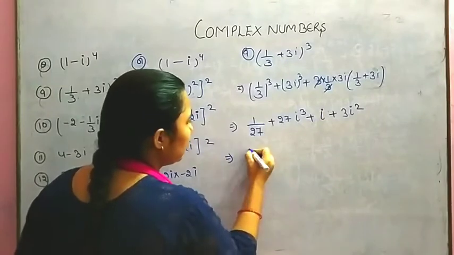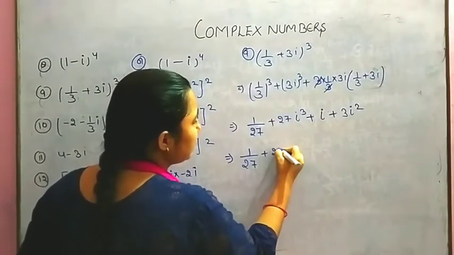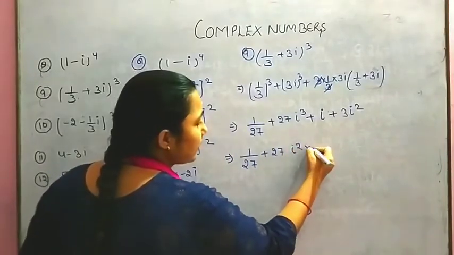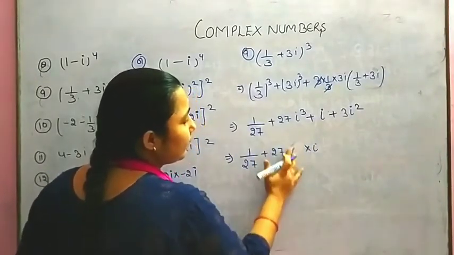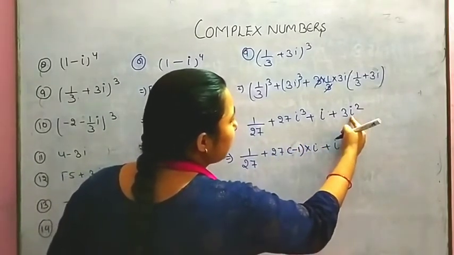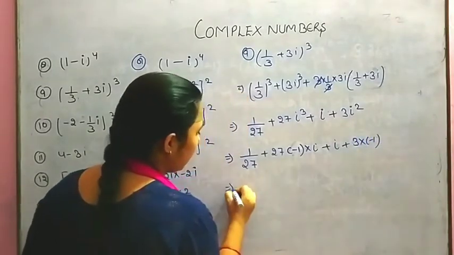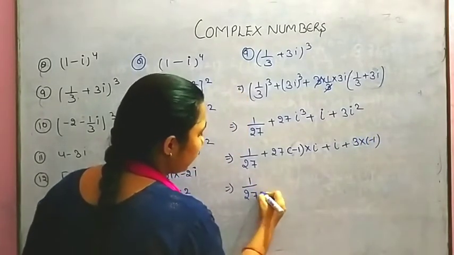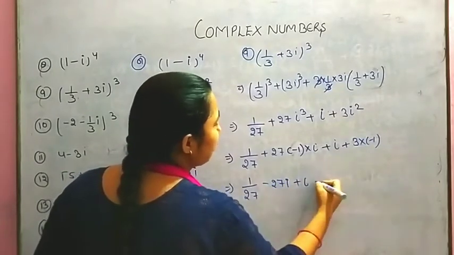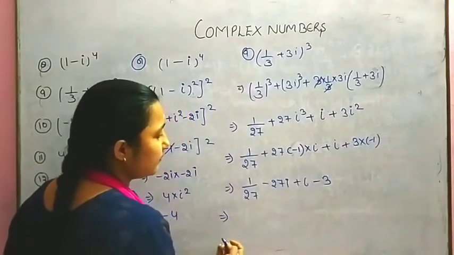Now put the value of i square. We get 1/27 plus 27 i cube, written as i square into i, and just put the value of i square, minus 1 times i, and then 3 into minus 1. We get 1/27 minus 27i plus i and minus 3. Just solve the real part together and imaginary part together.